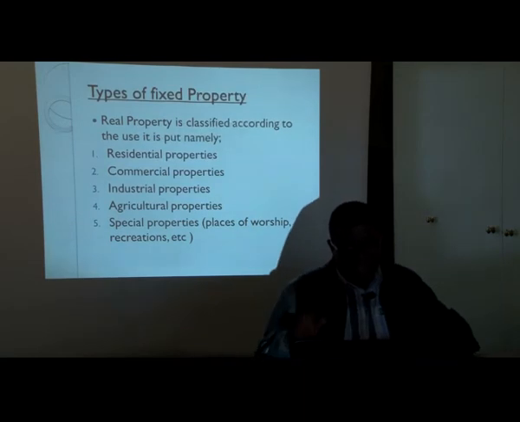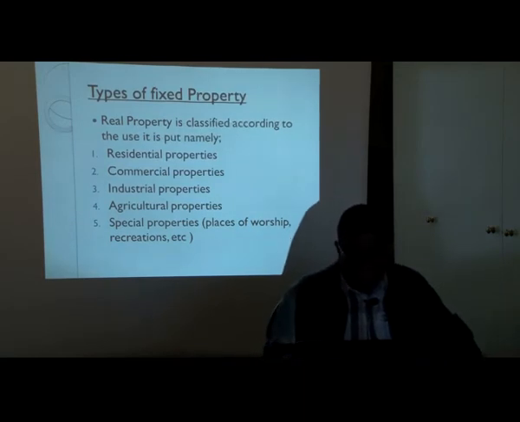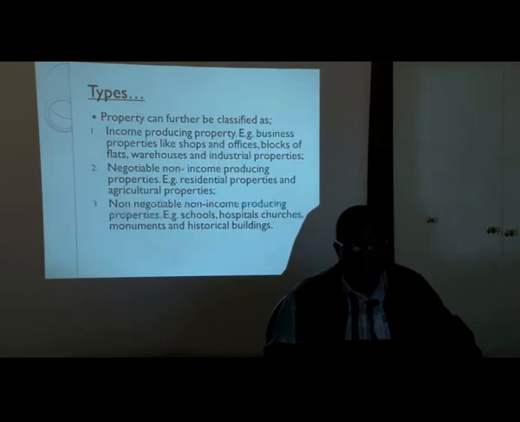Okay, so that topic is also extremely important. Those are your valuation profession. Any property that you are going to come across is going to fall into any one of those 5 categories. Okay, so that is also extremely important.